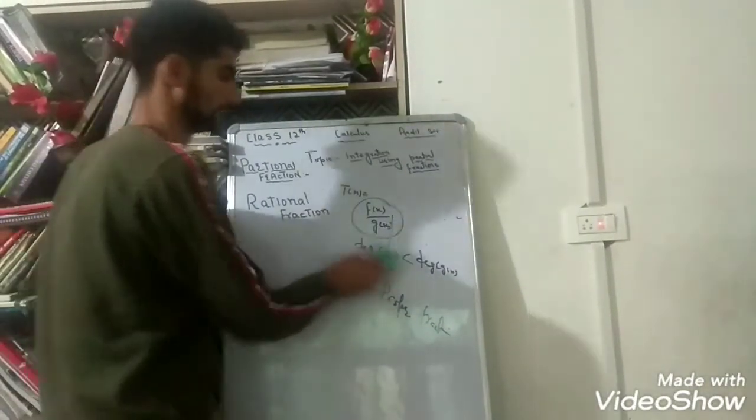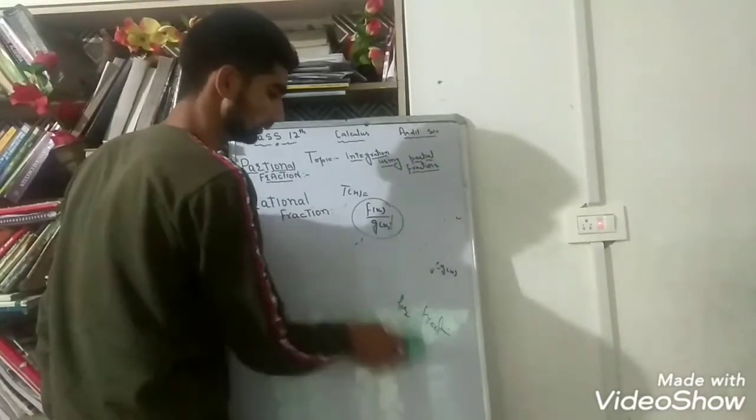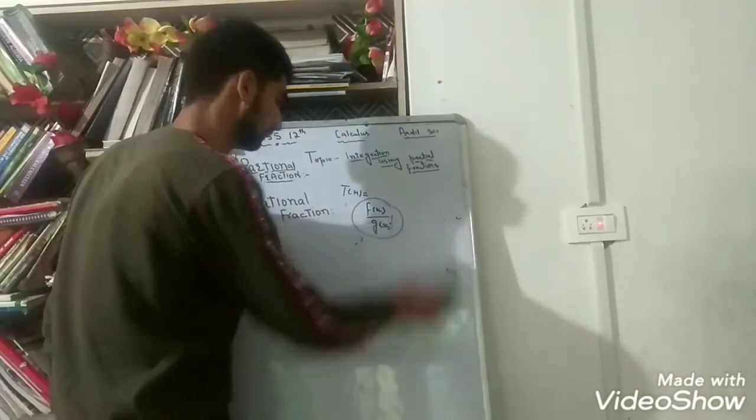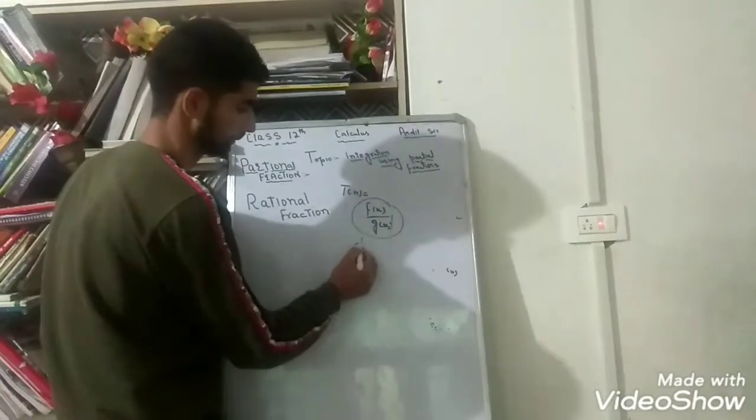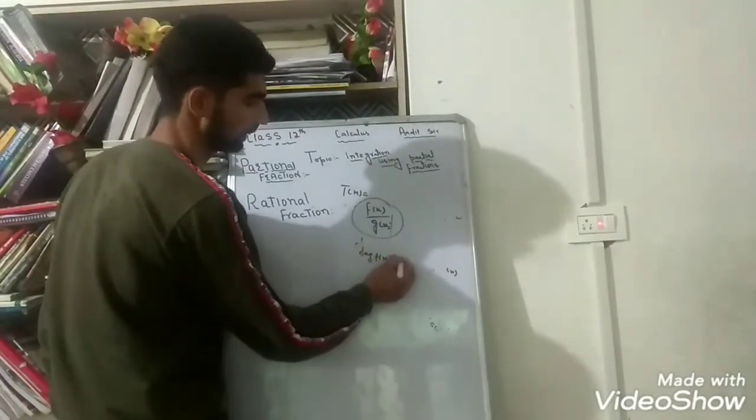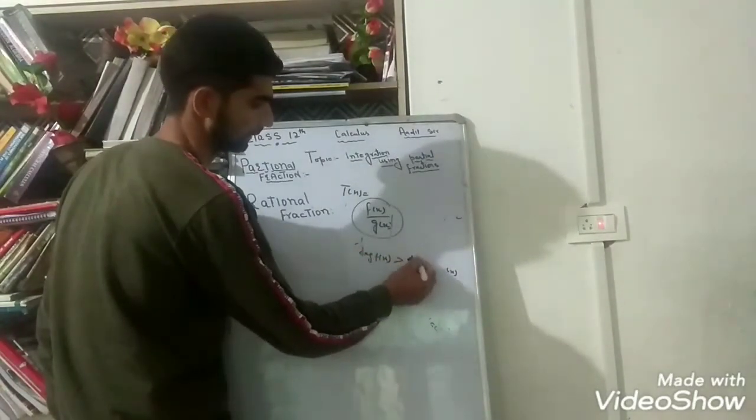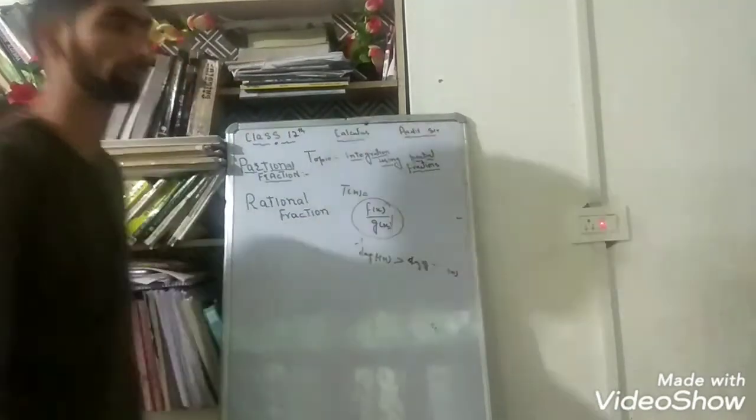And if the degree of f(x) is greater than the degree of g(x), then we say it is an improper fraction.